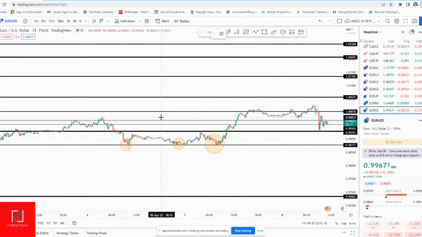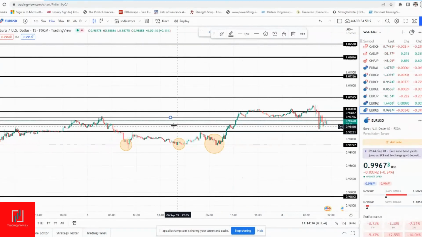Another area right there. And I don't necessarily like to use the wicks because that's usually the banks with their fake outs and taking stop losses and finding more pressure coming down for the sellers. So we find those next two areas in the past as resistance.